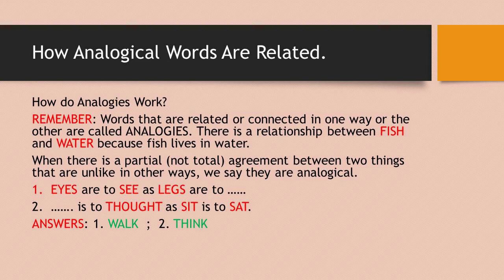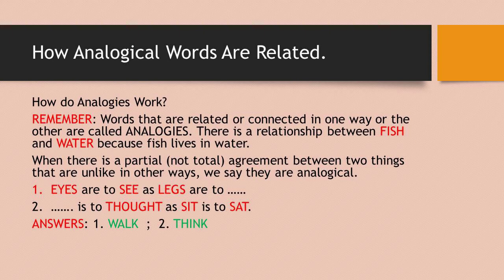So they have become analogies. You could say the relationship is about habitat, where they live. Sometimes when there is a partial, not total agreement between two things that are not the same in other ways, we say such words are analogical.